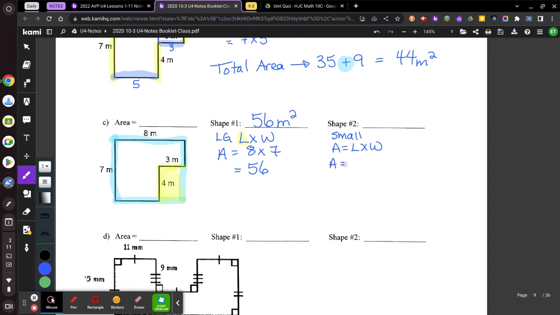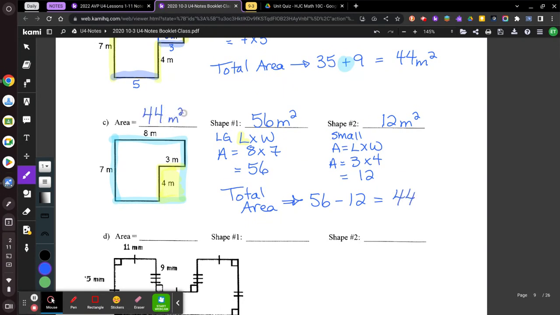So area is going to be 3 times 4, which is 12. So we get 12 meters squared. So for our total area in this case, we have to subtract, because we had a large object and we subtract the small. So that's going to give us 44. So we get the same answer no matter which way we do it.